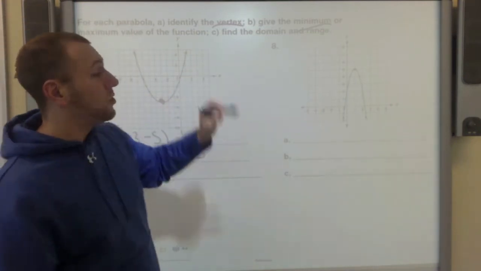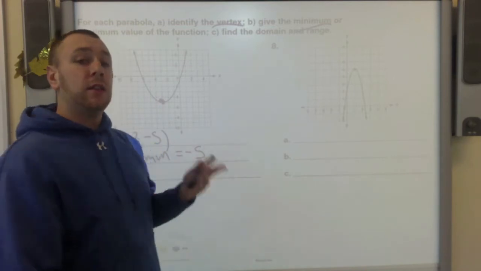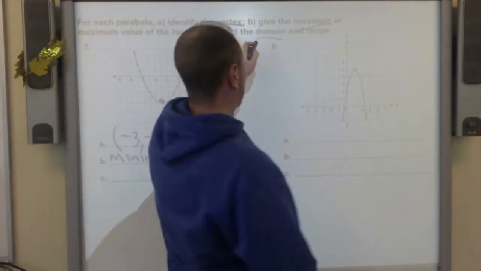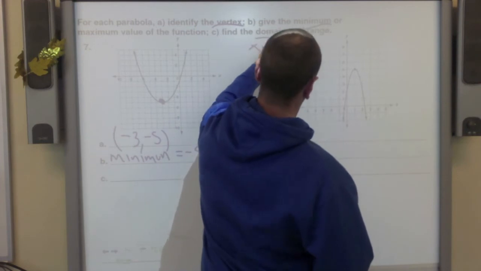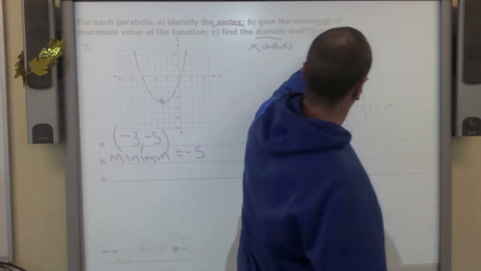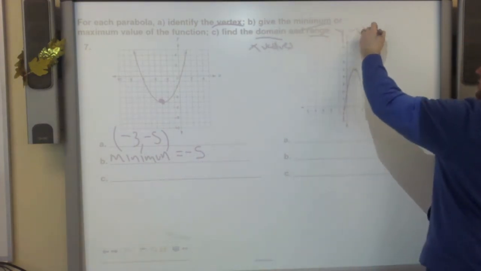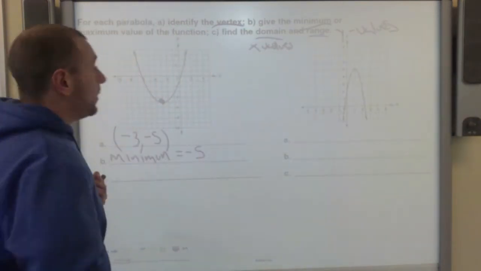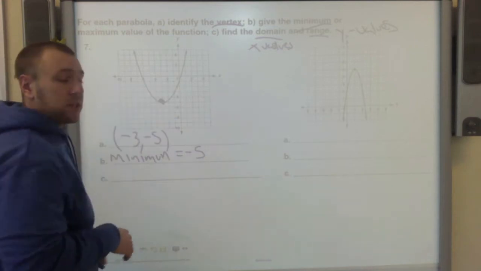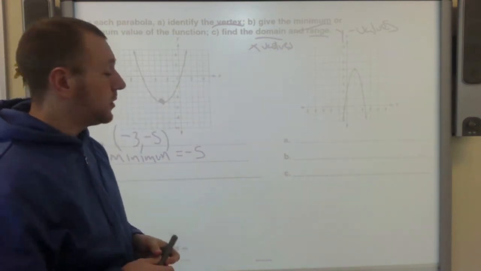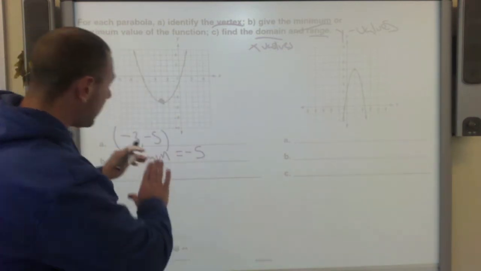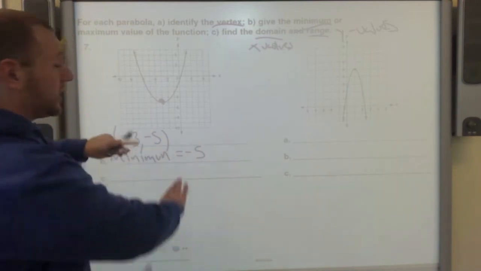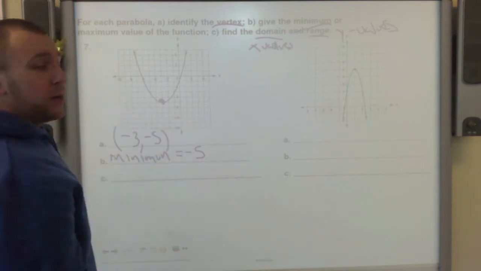And the domain and range. The domain is the set of x values. The range is the set of y values. So you have to imagine squishing this quadratic function, this parabola, along the x-axis. What's going to happen? It's going to flatten out.